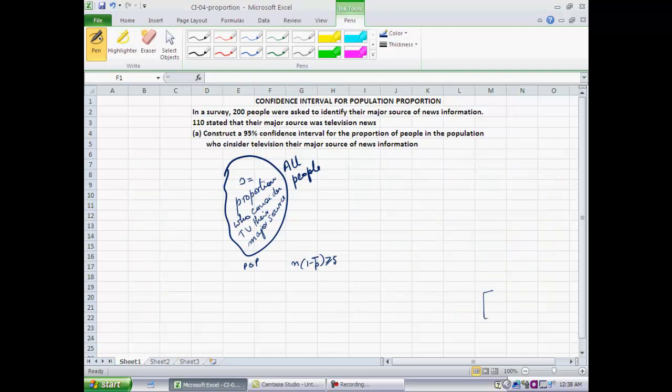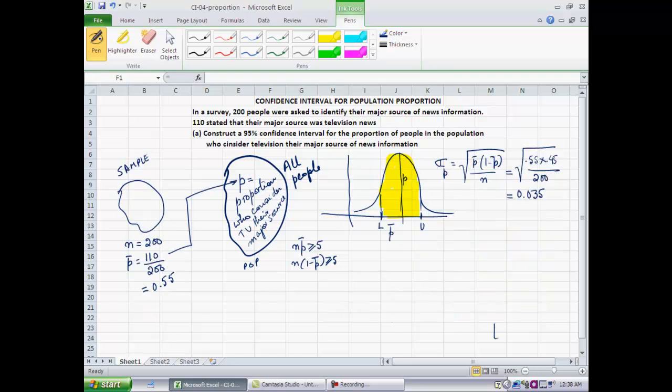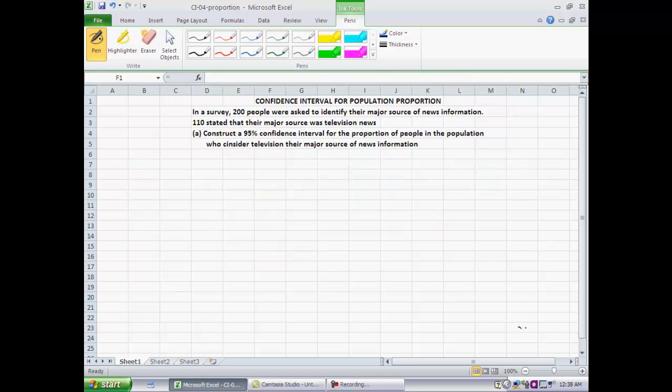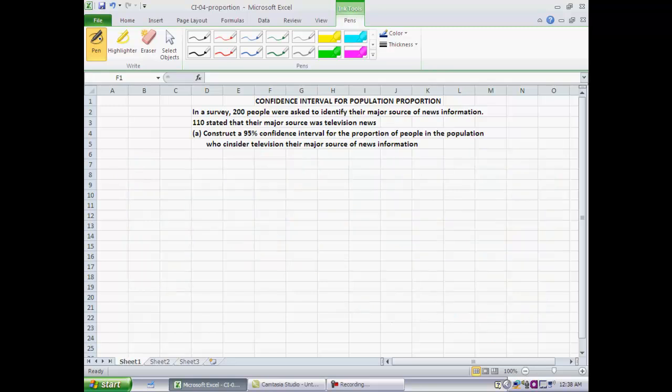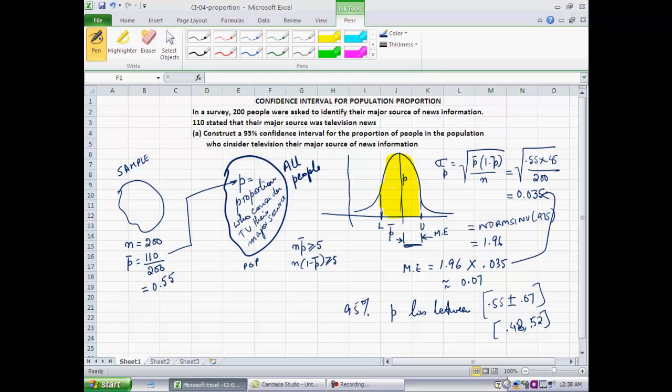In other words, between 48% and 52%. So 55% plus or minus 7%.